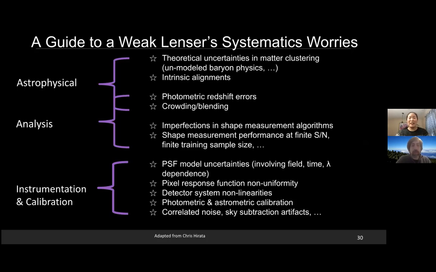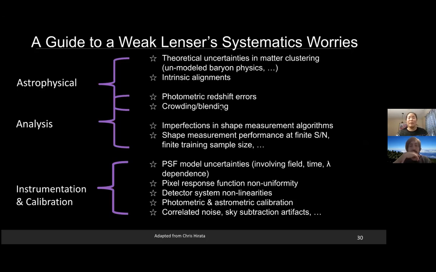In contrast, I would say that blending, we knew that it would start to be a problem, but now we realize that blending affects both the galaxy shapes and the redshifts. So redshifts are still important, but in a different way than what we had originally thought.